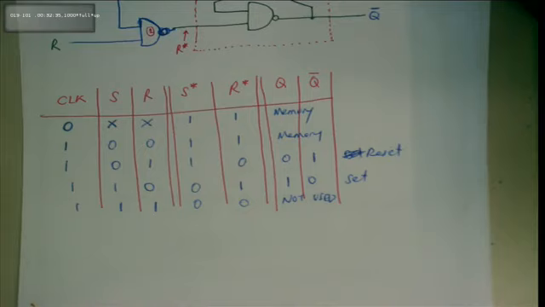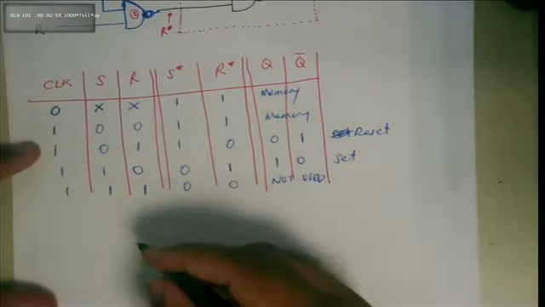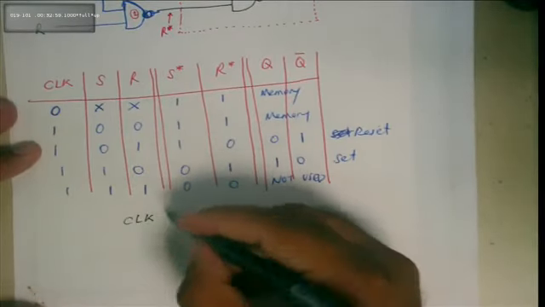So let's now rewrite this table in terms of memory. Okay, so let's now use this little space over here. All right, so again, we have clock as our input. That's always going to be an input.